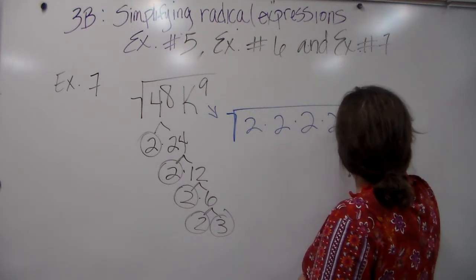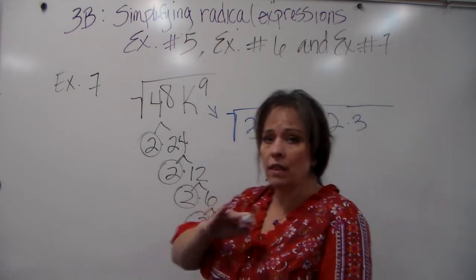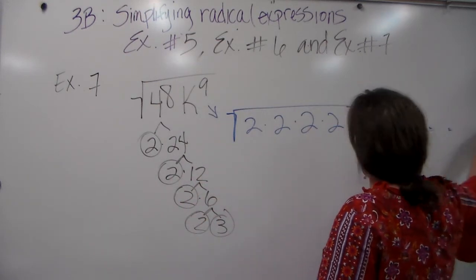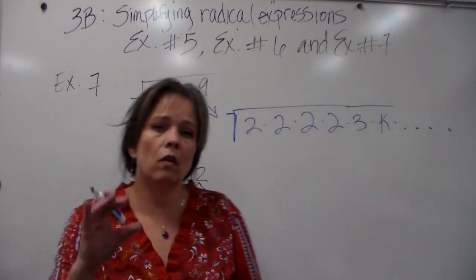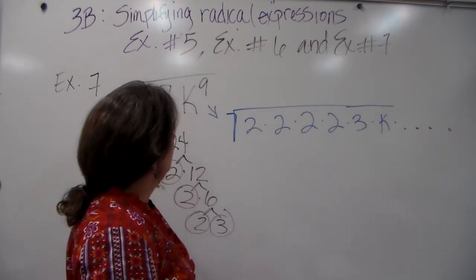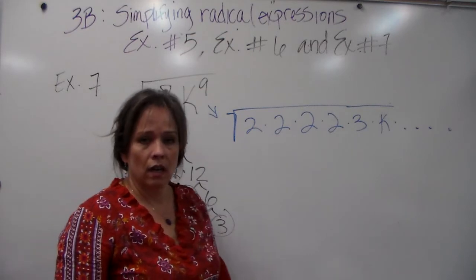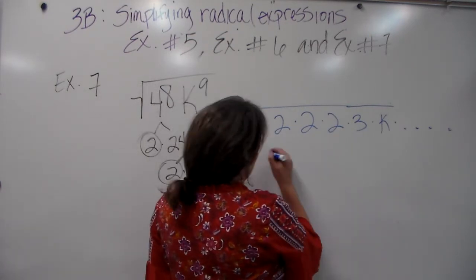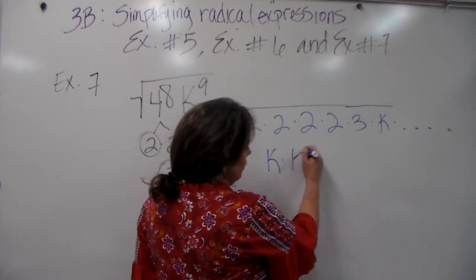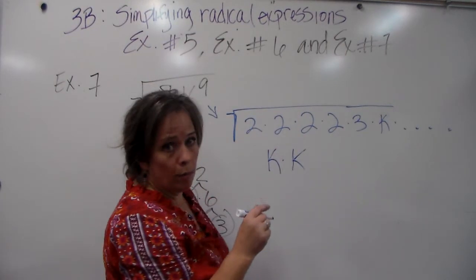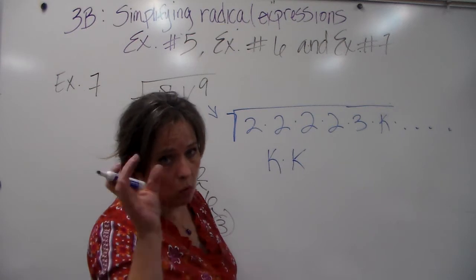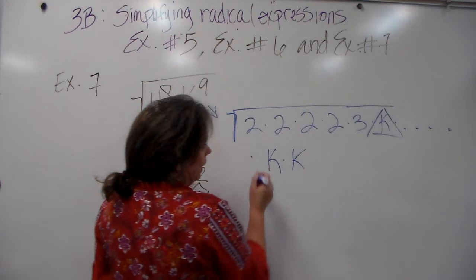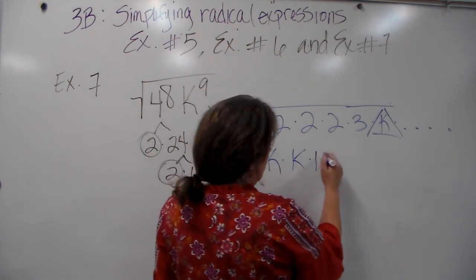And you can write those all out, if you want, all the way out, so you have 9. Or you can recognize that we have 4 pairs of 2, and then 1 k that wouldn't have a buddy. So here's our first k, and we're gonna write them all out after that.